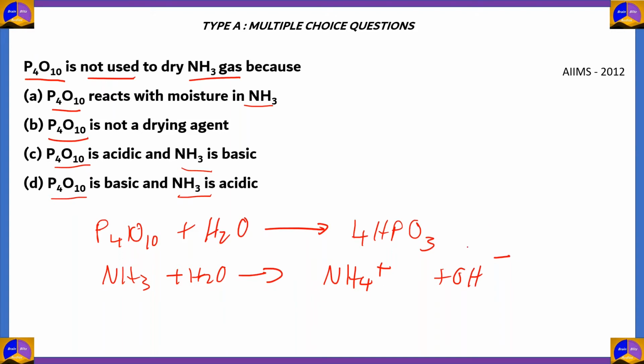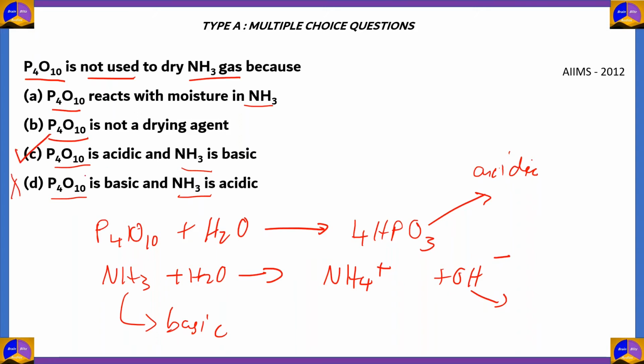So as you can see, HPO3 is metaphosphoric acid, so it's acidic, and OH minus is formed, which makes NH3 basic. So therefore, option C is the right option.